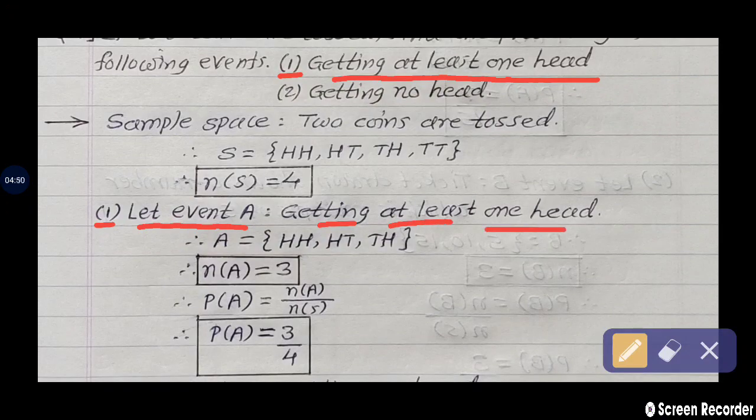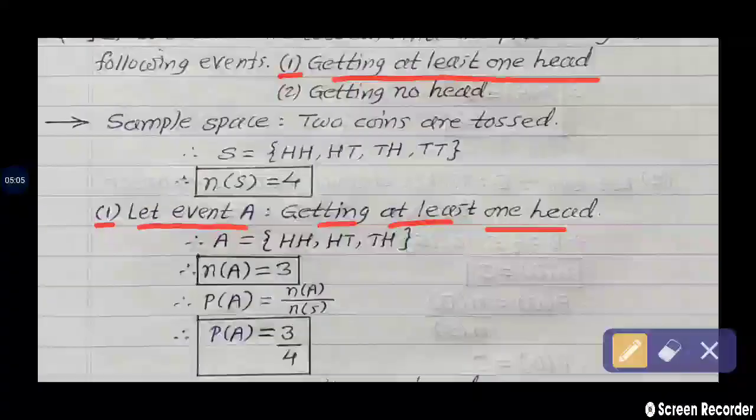At least one head means a minimum of one head is required, and more heads are also okay. So at least one head means one head or more than one head, and that sample point is also right in the event.